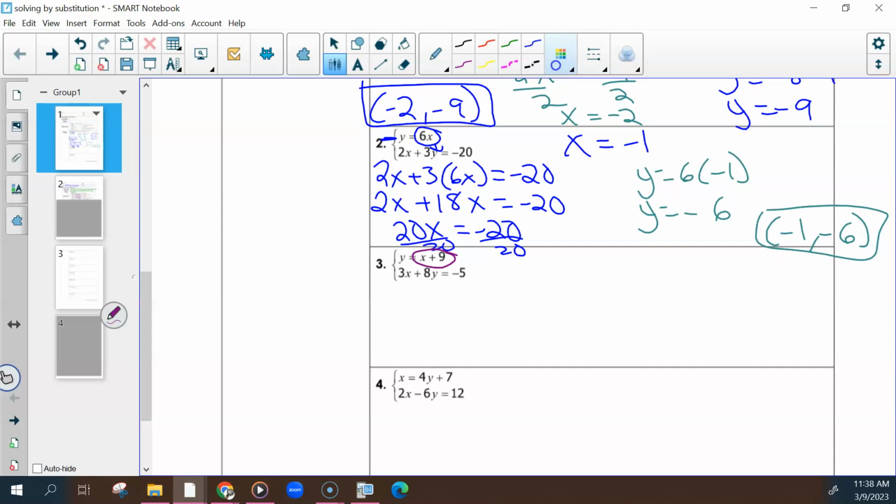So all of this has to go together. Where would it go? Anyone? Will you replace the y with the x? So it would be 3x plus 8, then in parentheses, x plus 9. It's like the same thing we did for 2, but the expression is a little longer. And then you would start to solve.